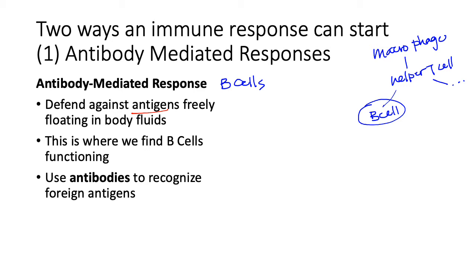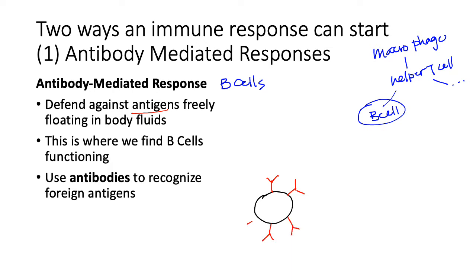So these are things that have physically entered our body and are just floating around in our fluids. And the way that B cells work is, remember, there are different types of B cells, but each B cell has those receptors on the surface.